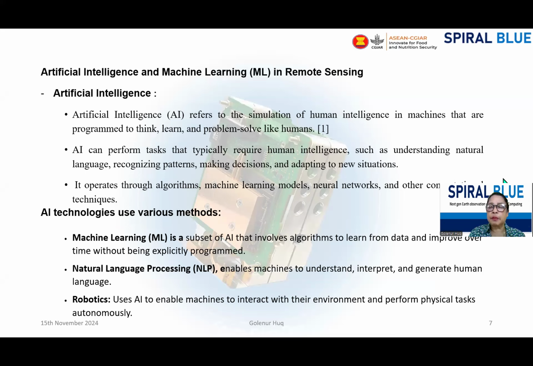It enables machines to understand, interpret, and generate human language. And robotics, I think you already know what robotics can do. So basically, robotics uses artificial intelligence to enable machines to interact with their environment and perform physical tasks automatically.